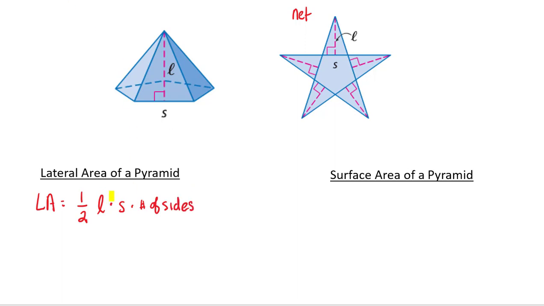Now remember, the side length times the number of sides, that's the perimeter. So our lateral area is 1/2 the slant height times the perimeter of the base. Okay, so let me write that out.